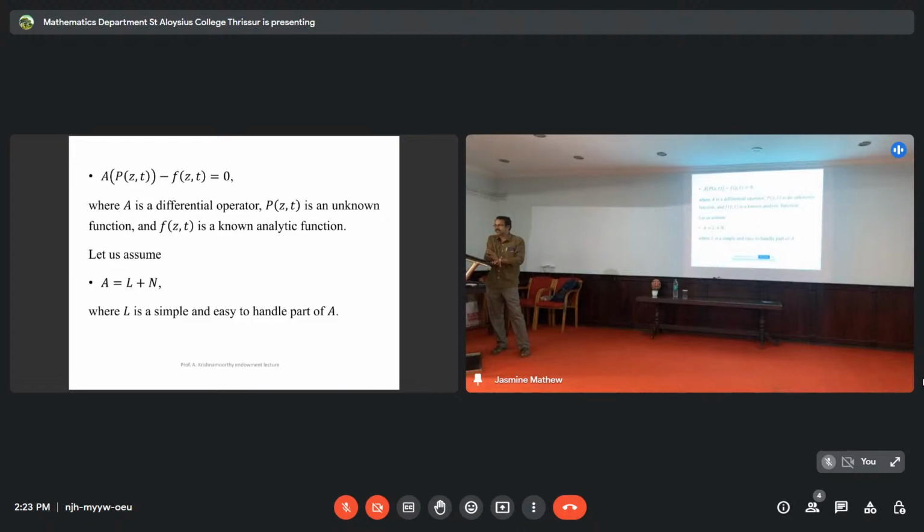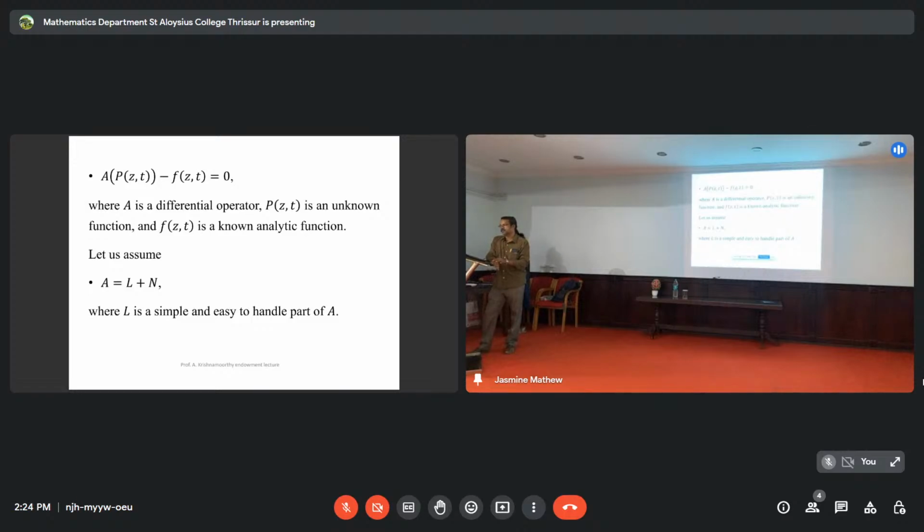So, consider a differential equation of this form, where A is a differential operator, p(t) is the unknown function that we wish to determine, and f(t) is a known analytic function.